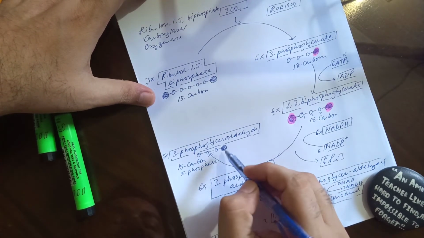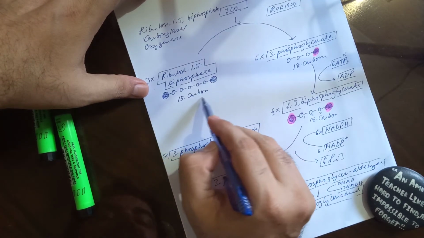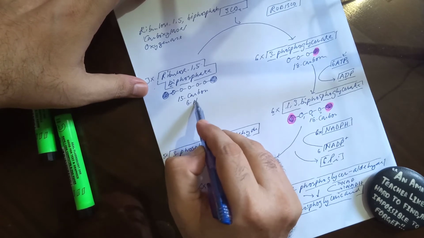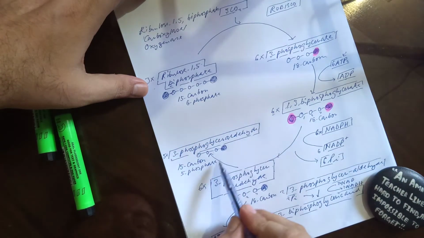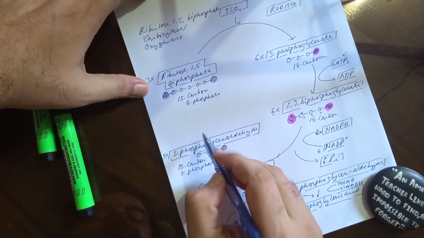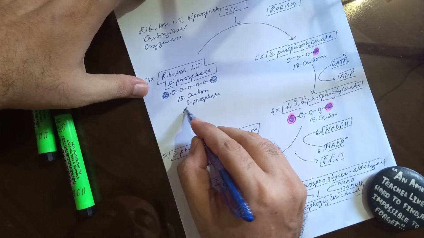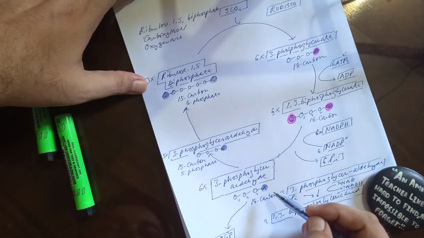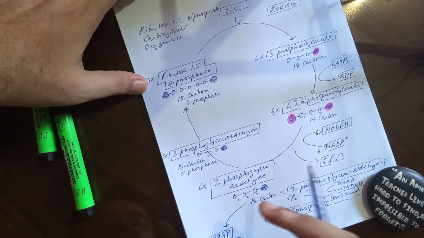And we have a 15 carbon structure, but with 6 phosphate. So what's missing? 1 phosphate is just missing. We have 5 phosphate, we have 1 phosphate. Now this cluster certainly has to change into ribulose 1,5-biphosphate, but it has to make another intermediate compound, and that will make 1 phosphate here.